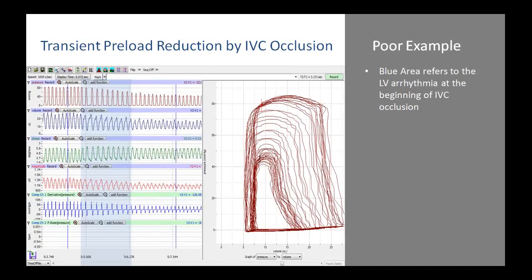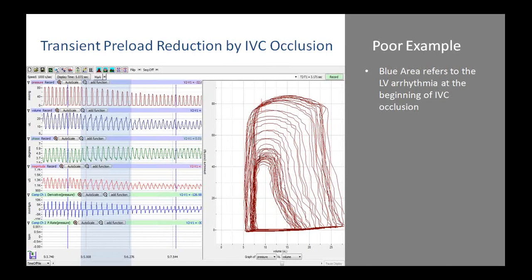Here we cover the transient preload reduction and we cover a poor example, which might exist. You might end up having this example in your research. Here we see on this example that pressure is going down unevenly with the volume channel.